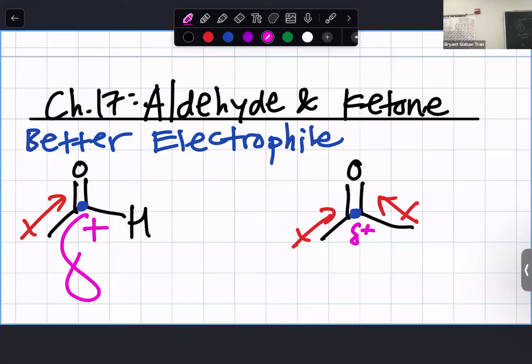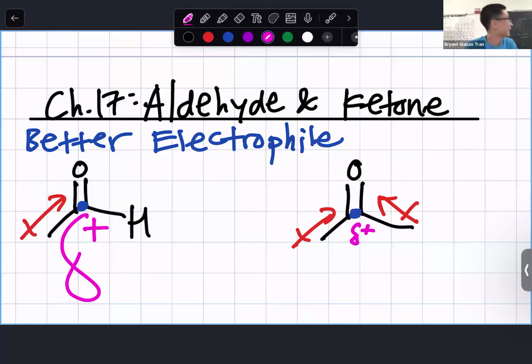So the aldehyde would be a better electrophile than the ketone. I thought electrophiles are EWGs, but no, just kidding.